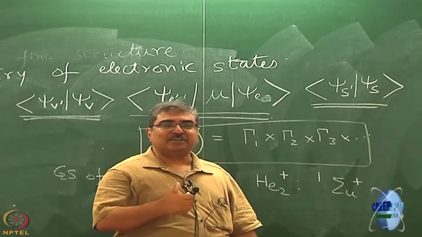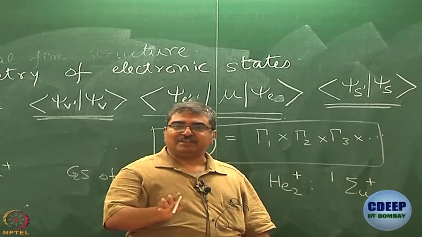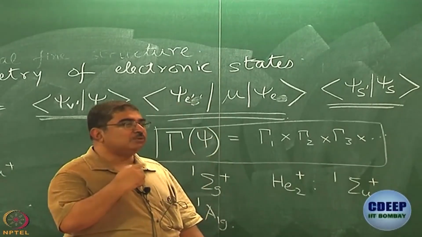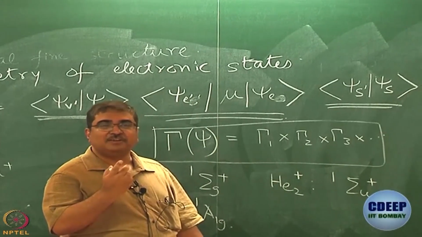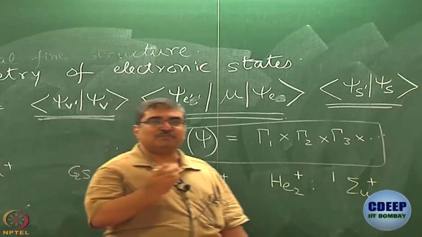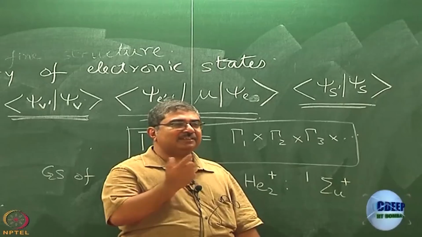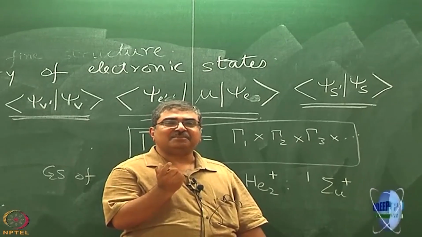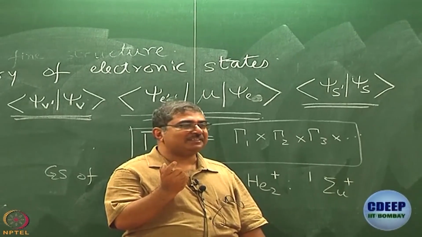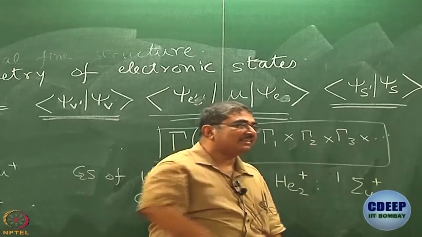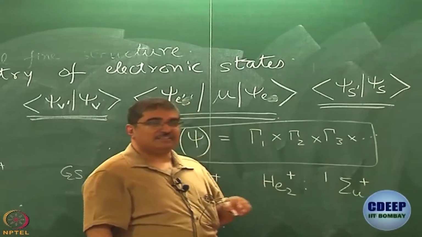I have one unpaired electron, the others are paired anyway, right? I have one electron; of course, it makes no sense saying one unpaired electron, unless you have two, where is the question of paired and unpaired? I have one electron, what is the spin state for that? Is it singlet, triplet, quartet? Doublet.